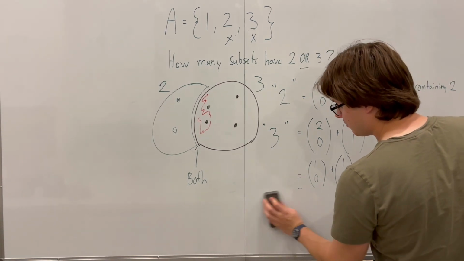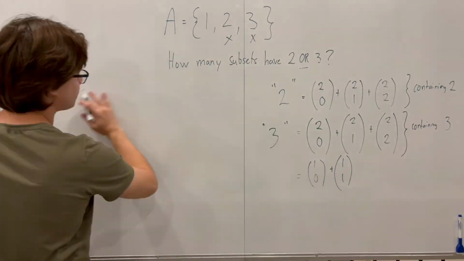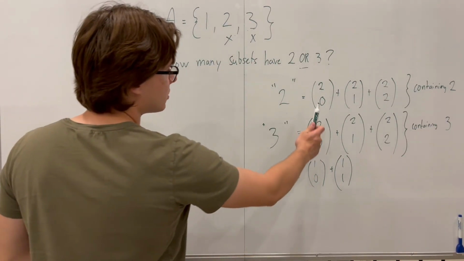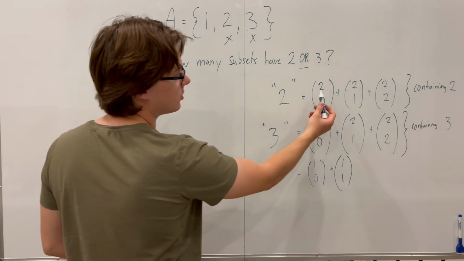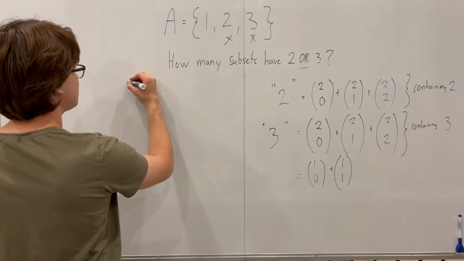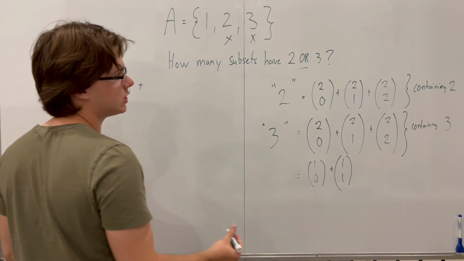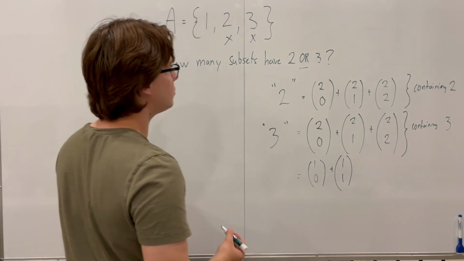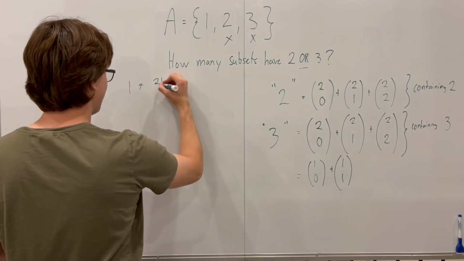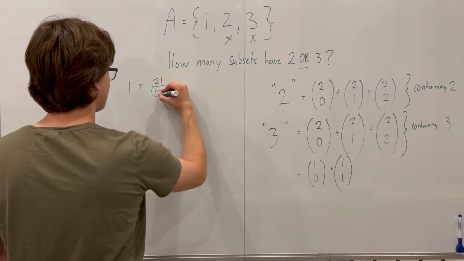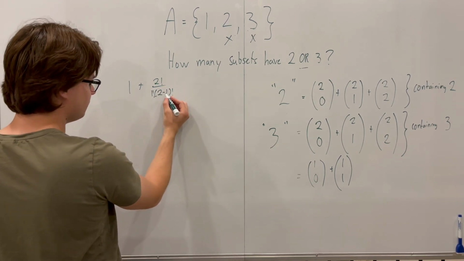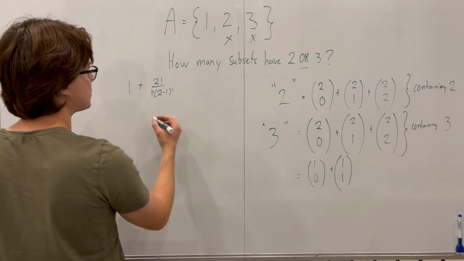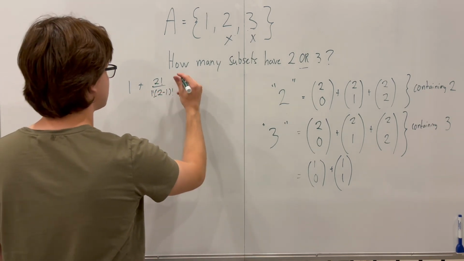So let's quickly compute both of these. So let's compute how many subsets contain 2. 2 choose 0 is going to be 1. There's only one way you can choose nothing. 2 choose 1 is going to be 2 factorial over 1 factorial multiplied by 2 minus 1 factorial. This is 1. This is going to be 1. 2 factorial is 2 times 1 over 1 is just going to be 2.